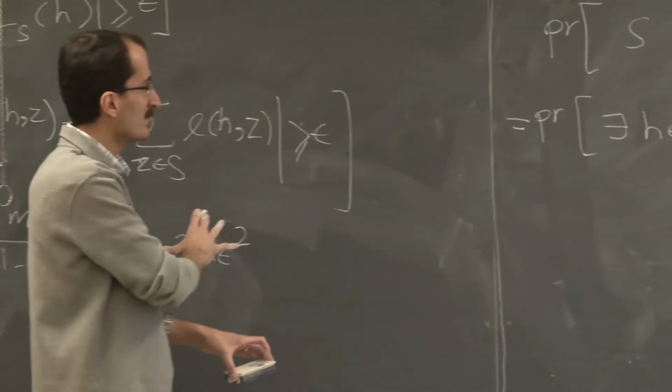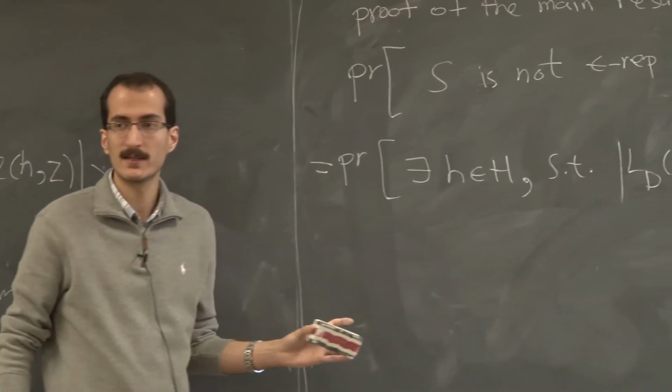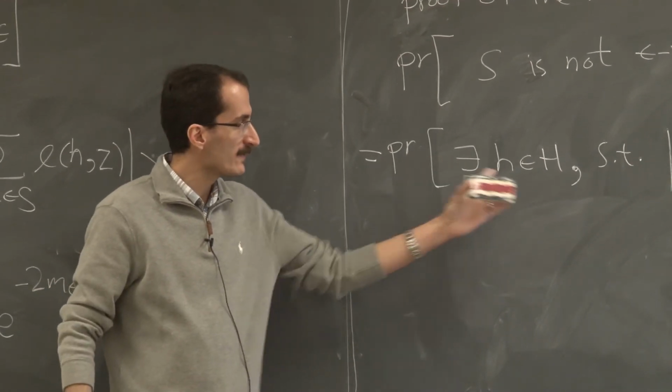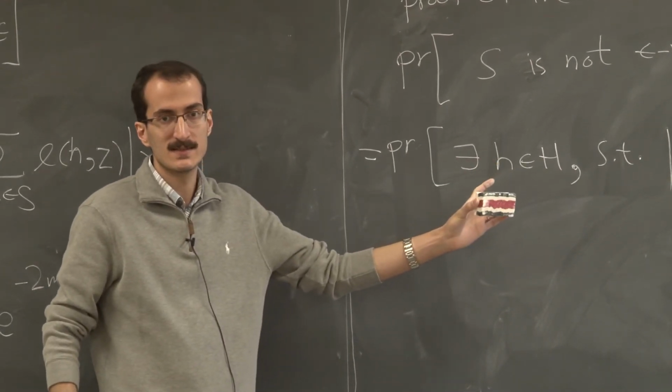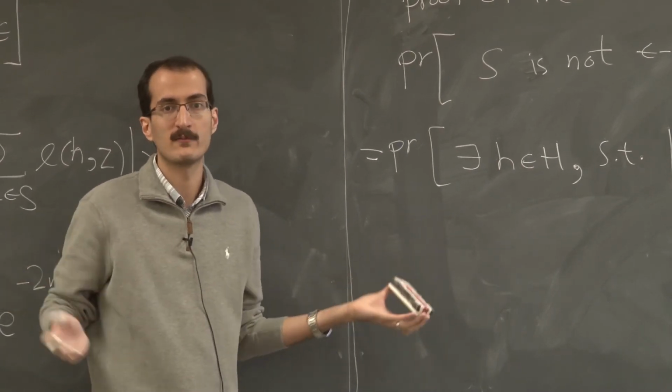So I have proved it for a single one now, but I have many hypotheses. What can I do here? I use the union bound. So the probability that one of them fails is at most the sum of the probabilities that each one of them fails.